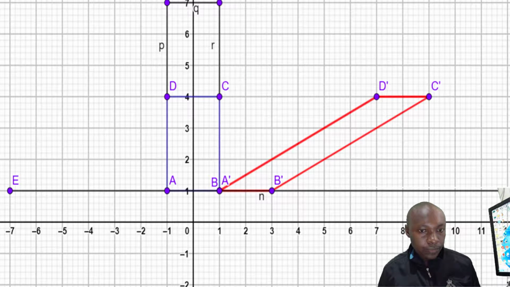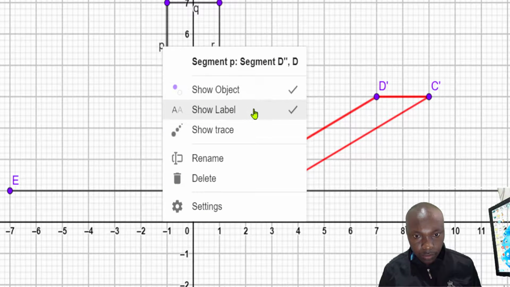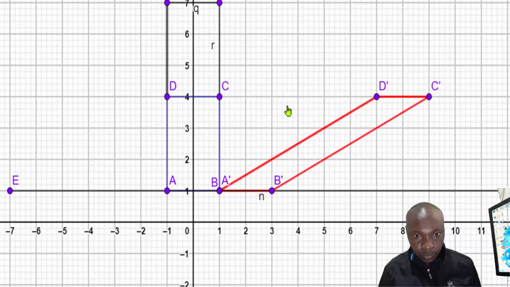So there is a rectangle. I can try to hide this label.